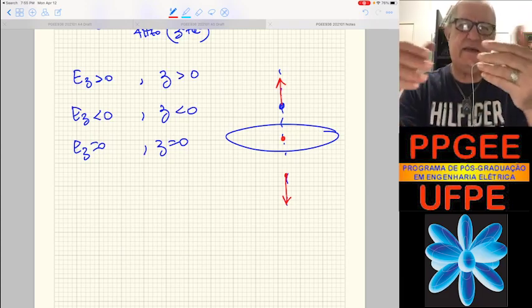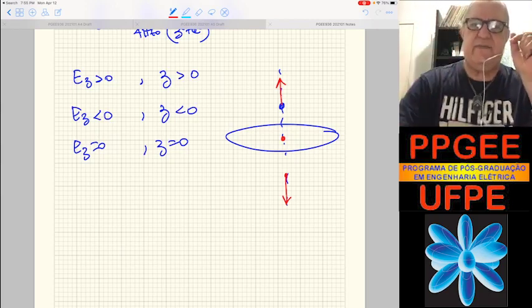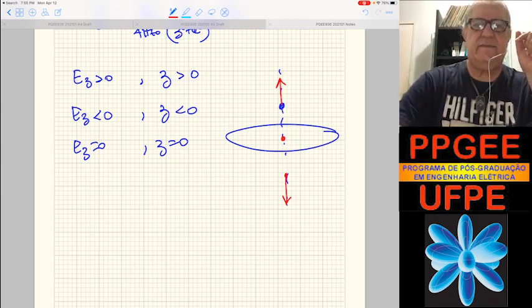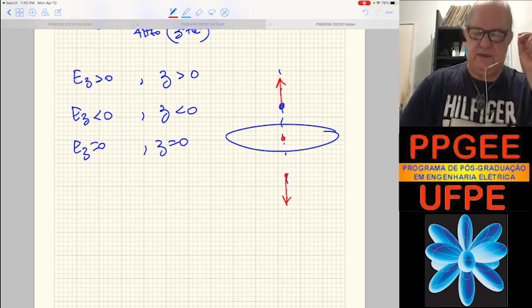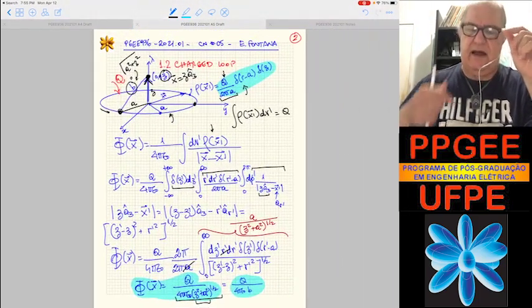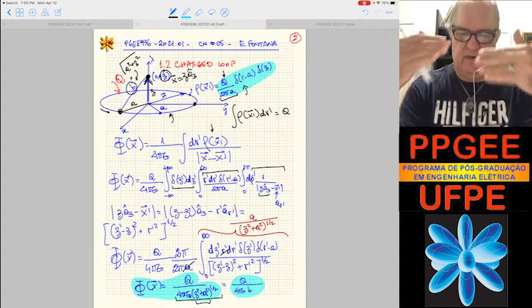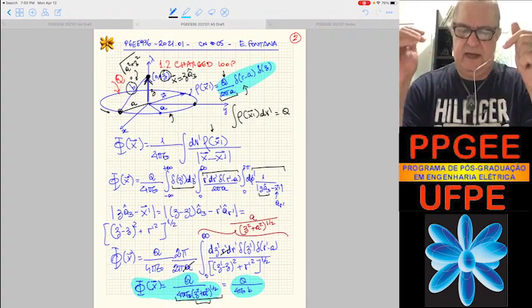And from that you can determine the field too. I'm going to show you this with two examples, I think. Yeah, let's do this one. And I'm also going to emphasize the use of delta functions once again, okay?